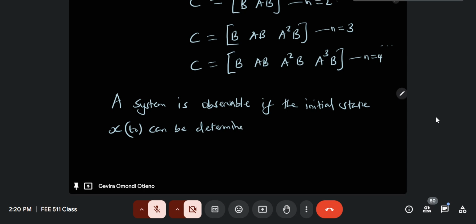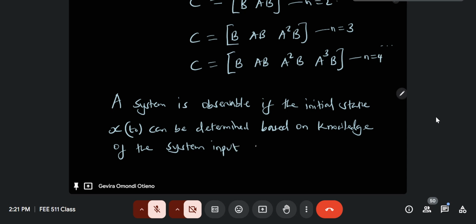That is, if you're able to determine the initial state of the system based on knowledge of the system input. And again, we'll just define the system input as u of t. And we have to do it over some finite time interval, because we are not describing this system to infinity. We are only describing it over some finite time interval.